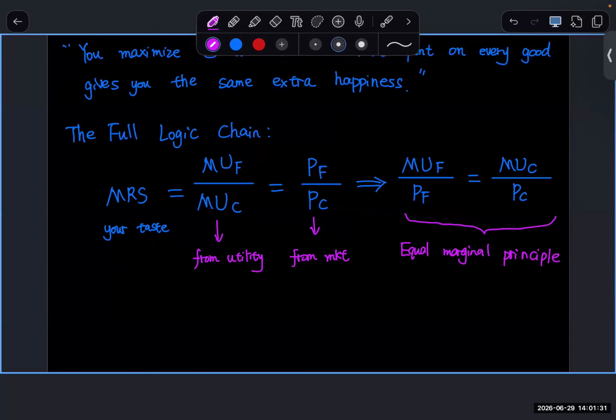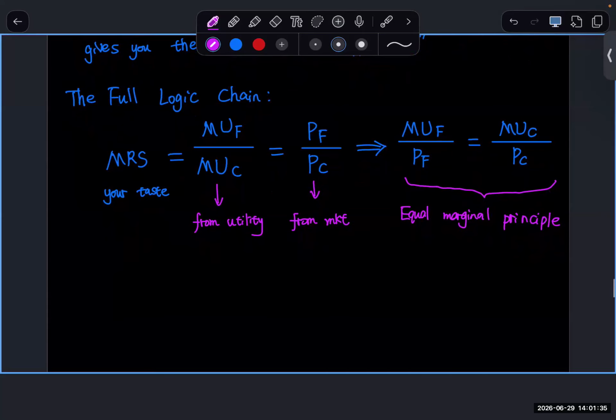Okay, here is the full logic chain. Just pay a little attention to the symbols here, because we have food and clothing. That's why here is MUF over MUC.